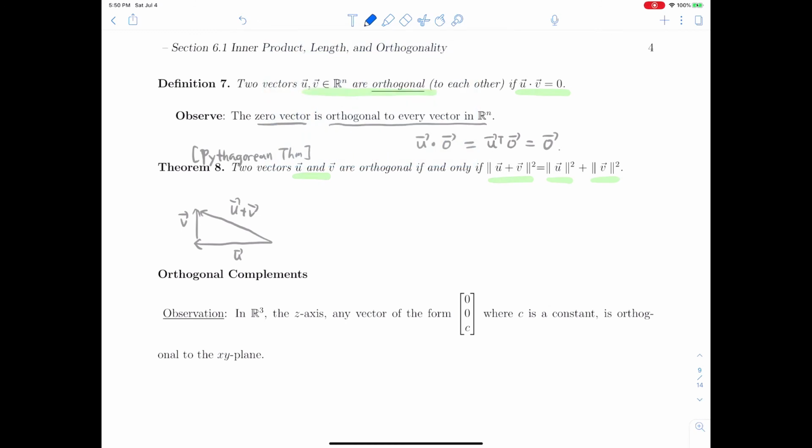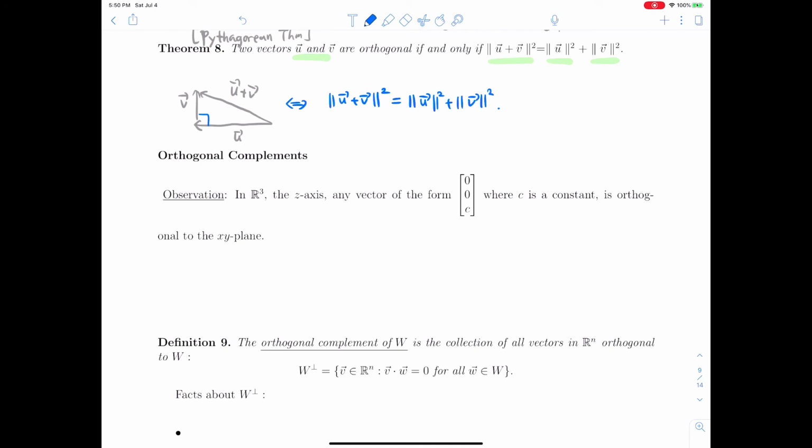So we get the right triangle if and only if the magnitude of u plus v squared is the same as the magnitude of u squared plus the magnitude of v squared.